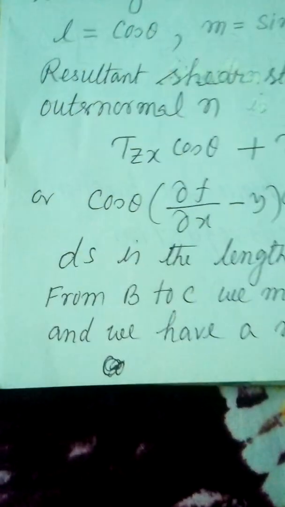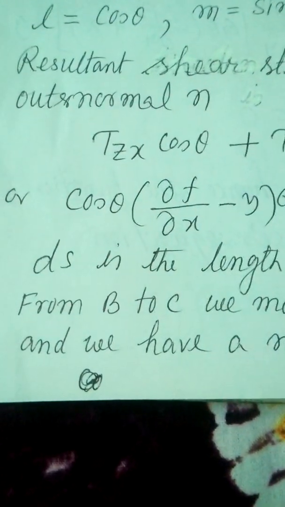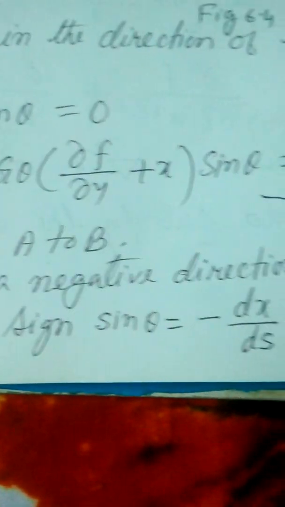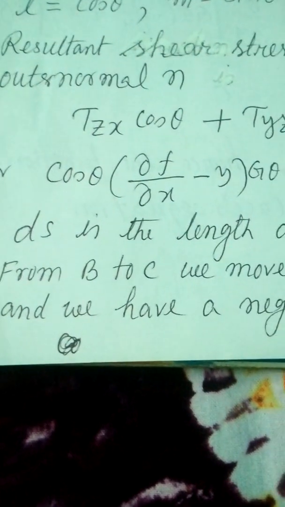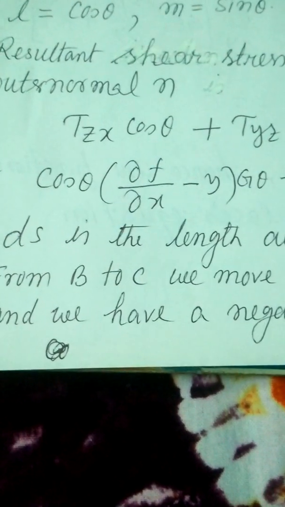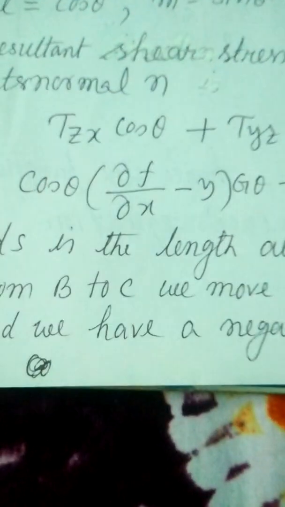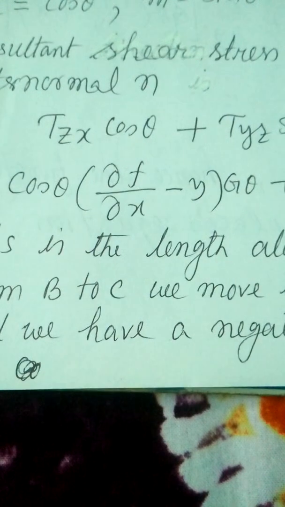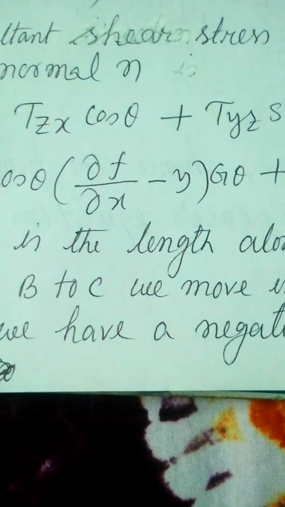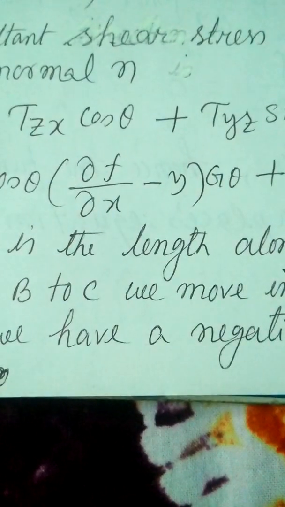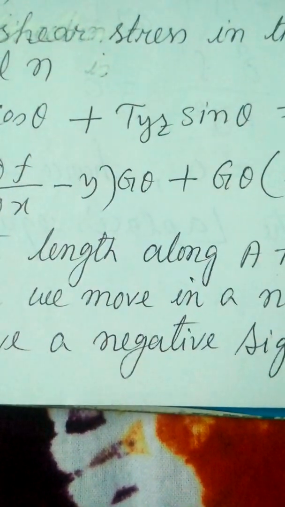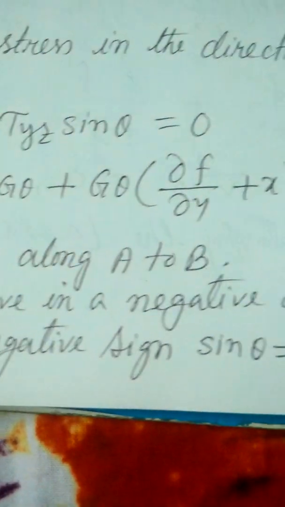Now please see this. Now what we are doing? Now in the direction of outer normal, we are just taking the summation of the stresses, tau zx into cos theta plus tau yz into sin theta, that would be equal to 0.